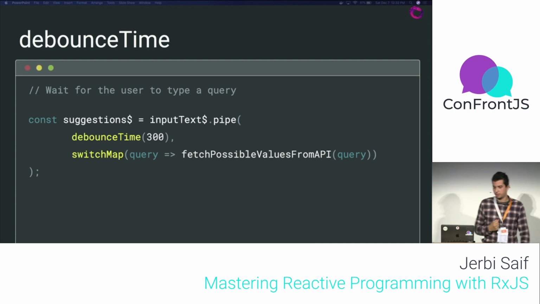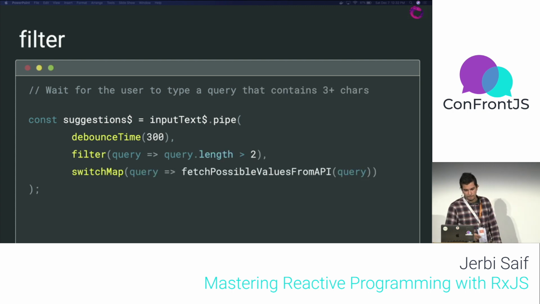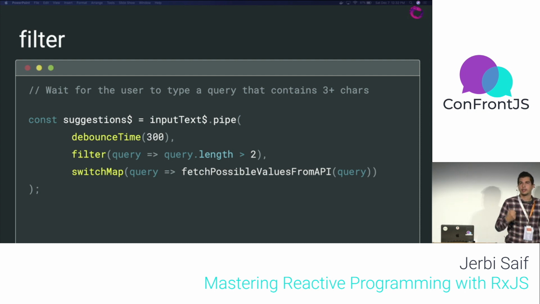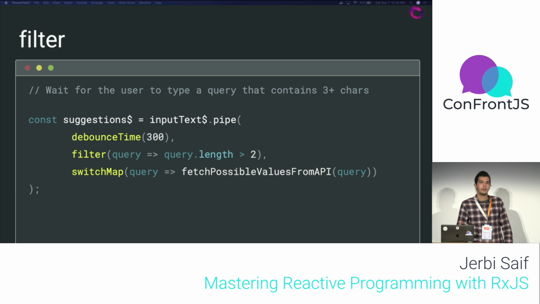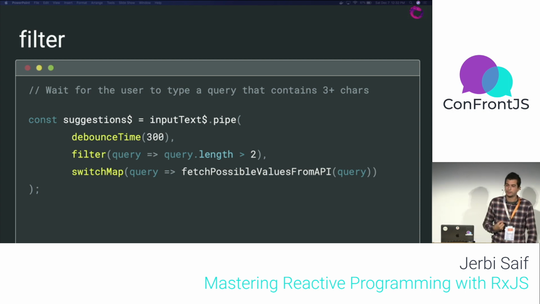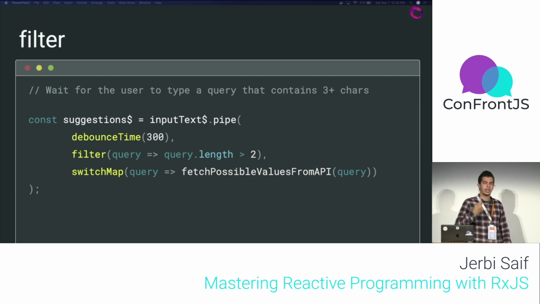So what makes sense? Imagine now that my input text, in my request, I need to handle only queries that contain more than 3 characters, or starting from 3 characters. So I want to filter my emitted values from my input text, and I want to check if the query length is more than 2 characters.